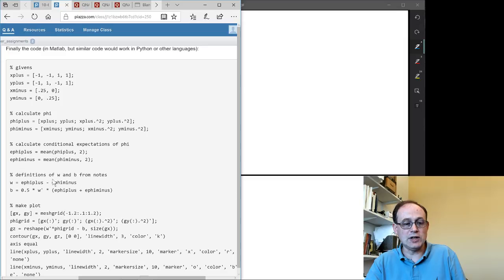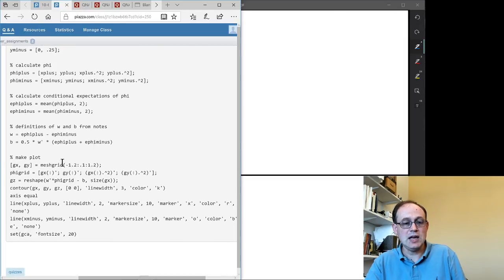And then these equations, the definitions of W and B, we just gave them to you in the notes. And in the notes, we mentioned that what this gives you is the perpendicular bisector between the two class means, right? So one class mean, the other class mean. And these equations calculate the perpendicular bisector.